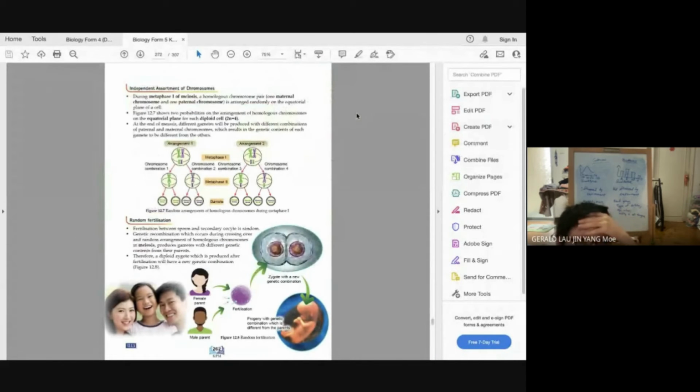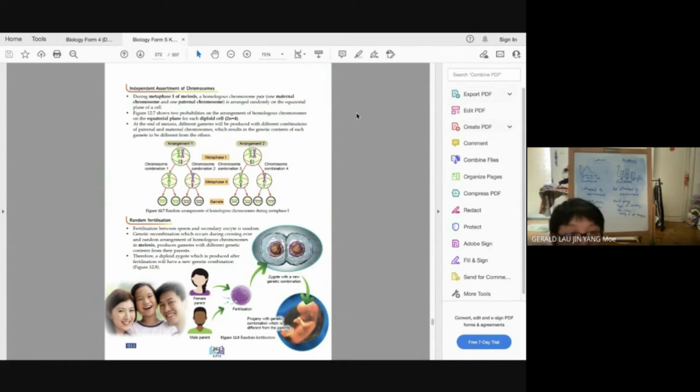The second factor is independent assortment. What does it mean? Maksudnya, the way you arrange the chromosomes. You look at arrangement 1: the green on the left, the purple on the right. This is one type of arrangement, one possibility. So the gamete akan macam tu lah. But in another arrangement, you see purple left, green right, and then a different arrangement again.